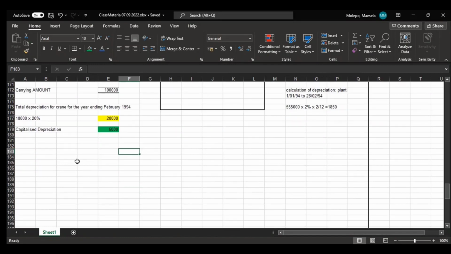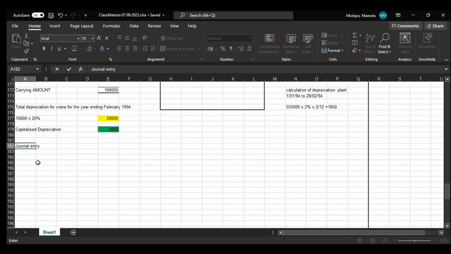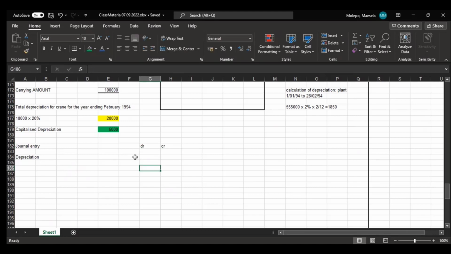So the journal entry will be depreciation on the debit side, the 20,000, and then accumulated depreciation of 20,000.